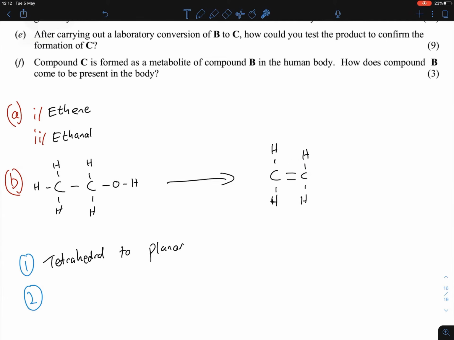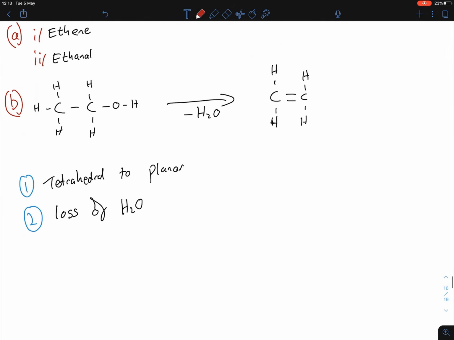And then the second thing, and the most obvious one, is that if we look at the difference between the two, you're losing H2O, the loss of H2O. So there are your two features there. The first one though was the trickiest one because students missed that part of it, that you're going from tetrahedral to planar. That's it.